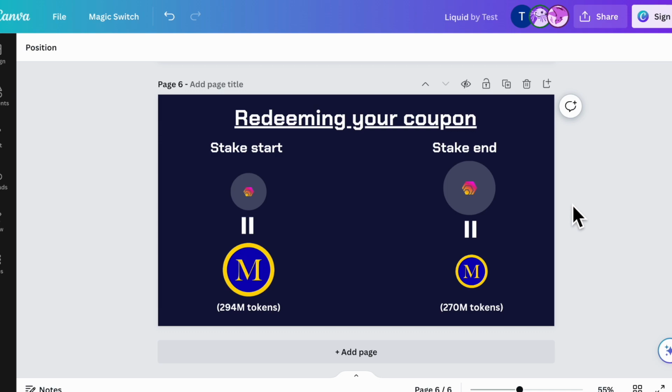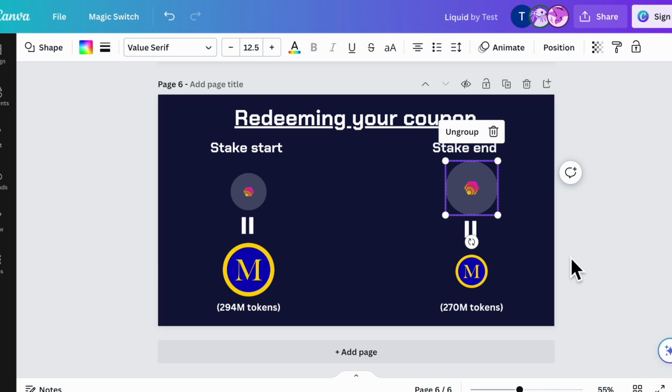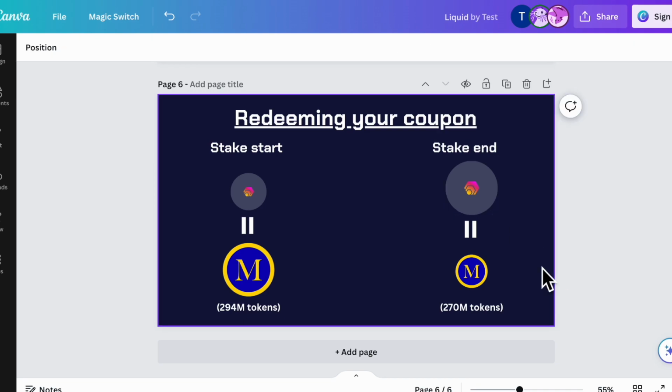That has to be divvied up among all the MAXI holders in some way, and the elegant solution that MAXI has is that it doesn't assign each person's MAXI holdings a certain amount of HEX or track that. It just checks at the end of the stake.